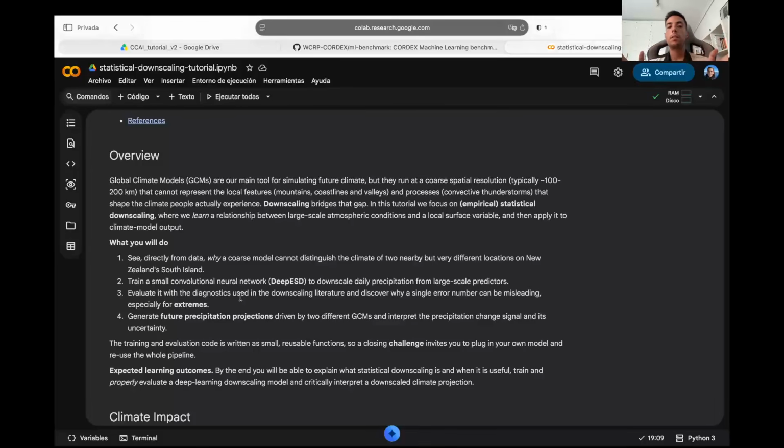There are several branches of downscaling, and in this tutorial I will focus on statistical downscaling. The idea of statistical downscaling is to use a statistical model to learn the relationship between the coarse scale, the low spatial resolution variables that we get from the GCM, and the high spatial resolution, the local variables that we need for regional applications, for instance.